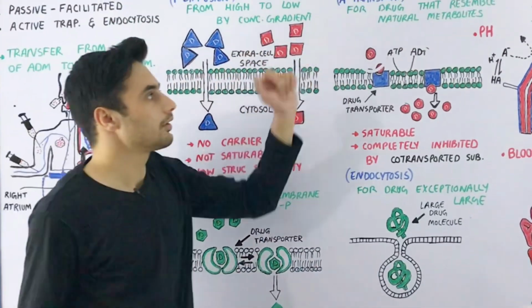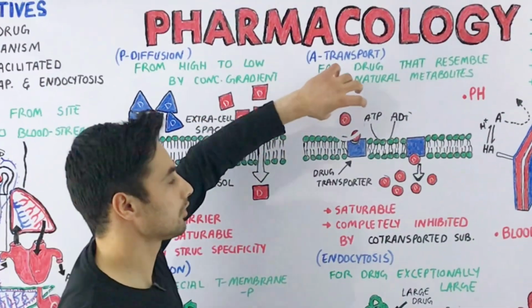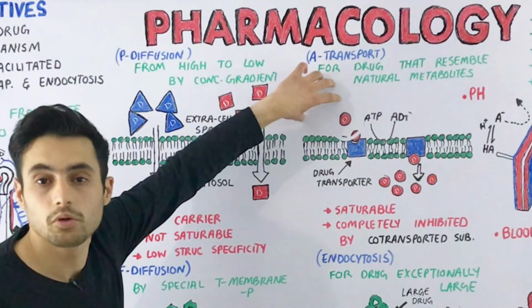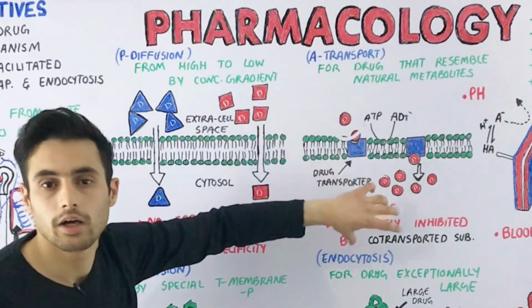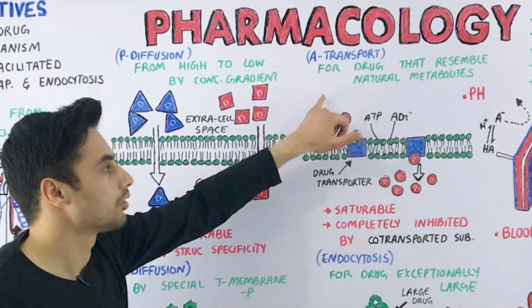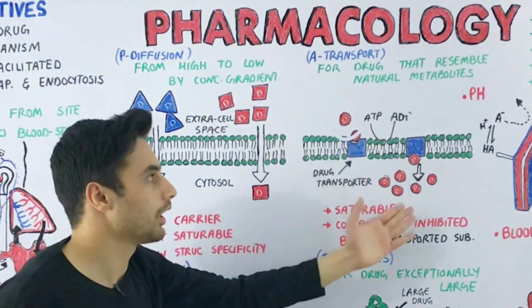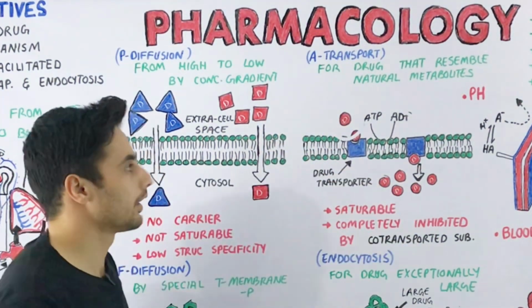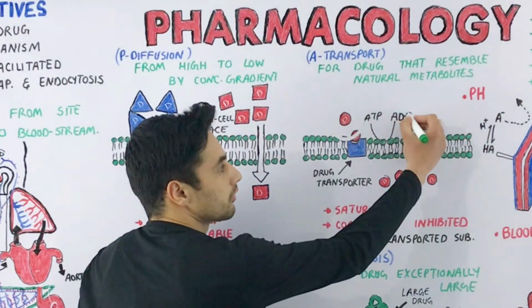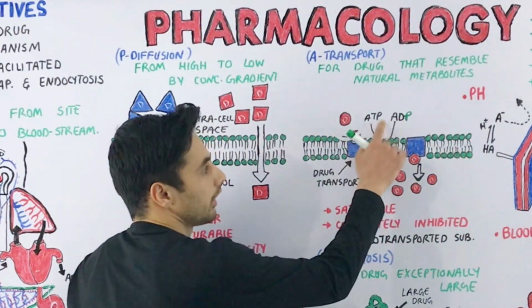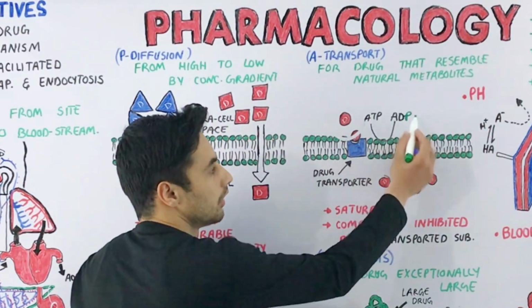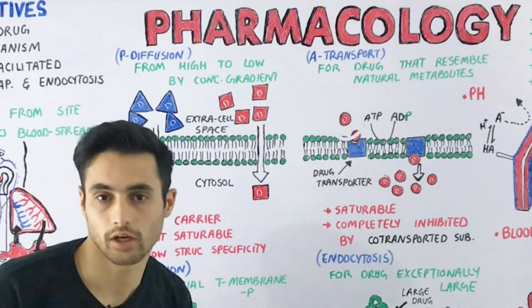Now, if you look at the active transport, it is the transfer of the drug from low concentration towards the high concentration. So when the drug is transported from low to high concentration, it will involve adenosine triphosphate, ATP, which will be converted into adenosine diphosphate.